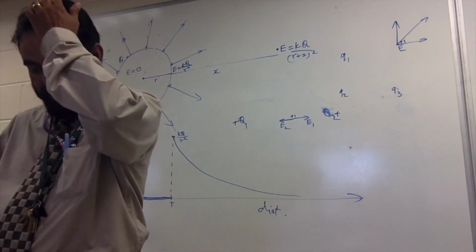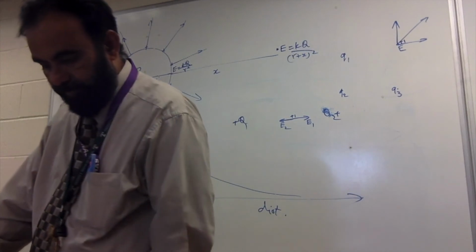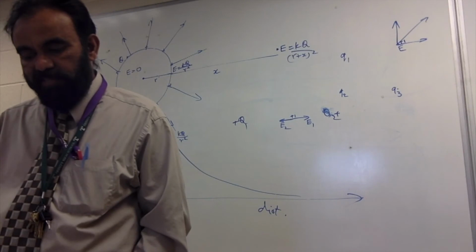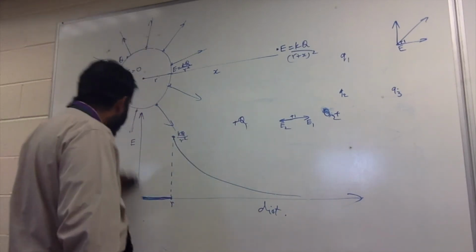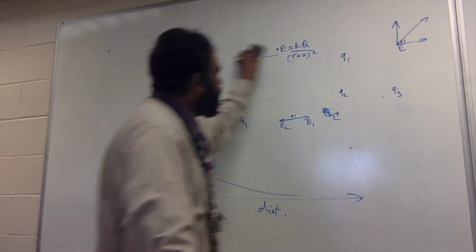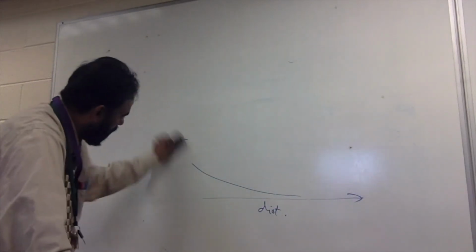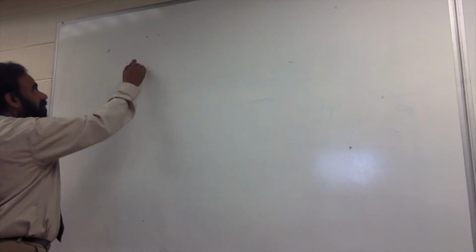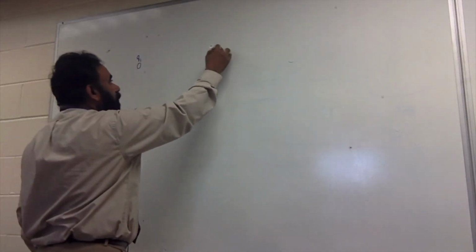All right, here's a question. Let's see if you are able to get it. Two small non-conducting spheres have a total charge of 90 microcoulombs. Two small charges, Q1, Q2.